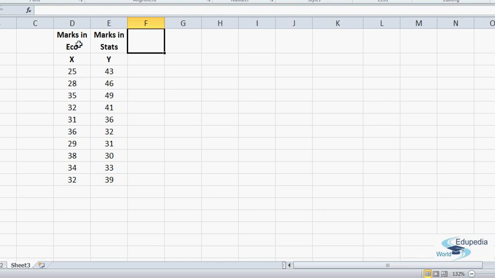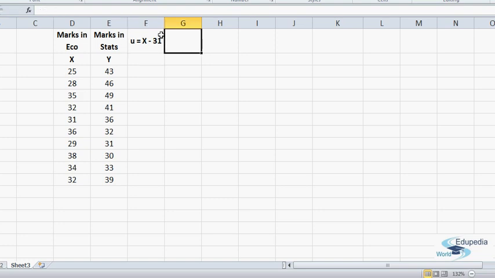We've taken marks in economics as x and statistics as y. Let me transform x into u. The numbers do not have a common factor, so we need not use the step deviation method. We'll just change the origin. Let's take a middle value, say 31.